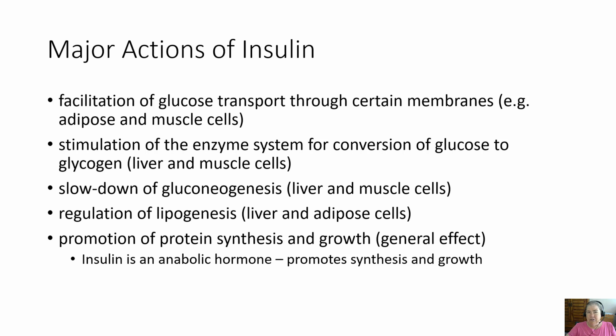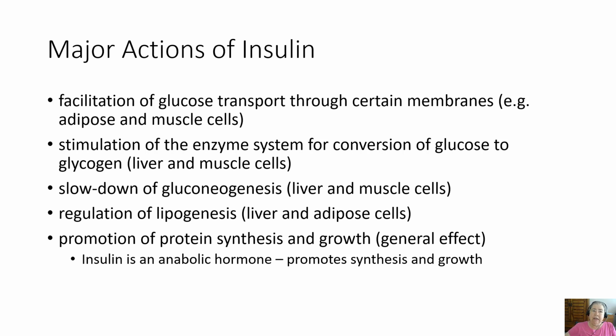What does insulin do? Well, a big part of what insulin does is that it triggers the production of transporters that allow glucose to be transported through certain cell membranes, and particularly the cell membranes of muscle cells where glucose is needed for energy production, and adipose cells where it is converted into lipid for storage.